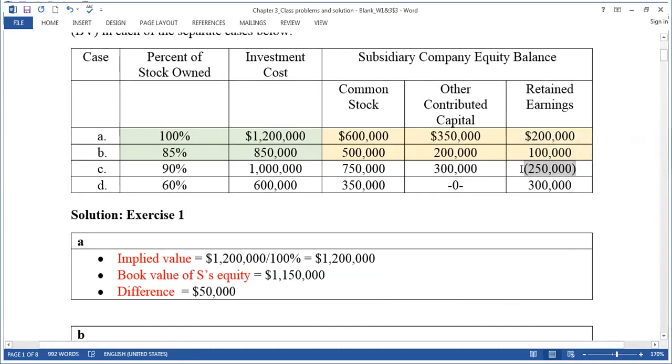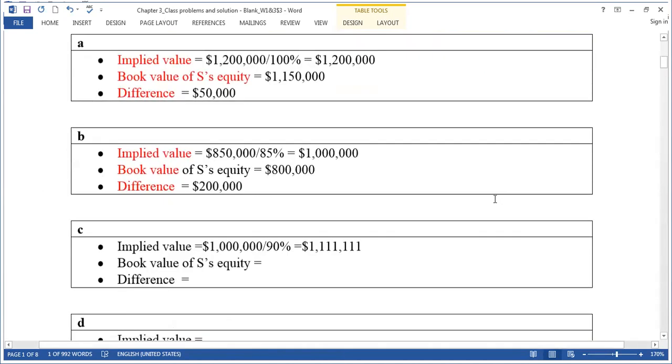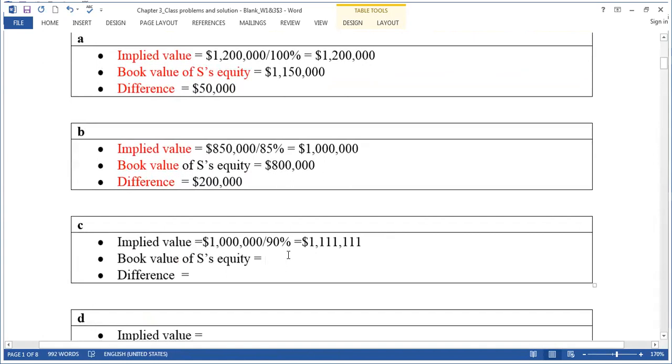So retained earnings has the minus sign here, right? So this is 750,000 plus 300,000 minus 250,000. Retained earnings minus means the company maybe distributed dividend, we don't know, from retained earnings, or the company distributed some capital. Anyway, this is the minus item. So if we add plus and minus, the amount is $800,000.